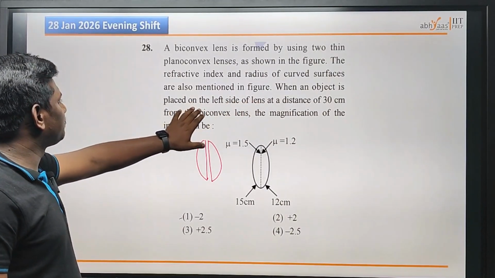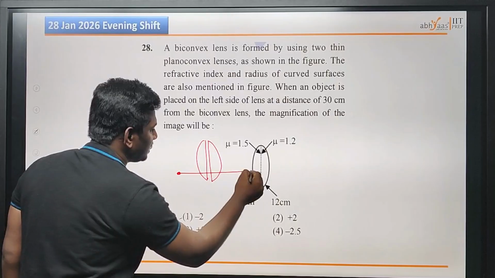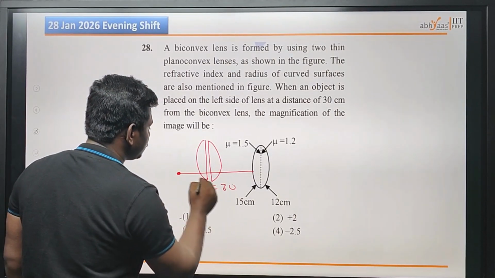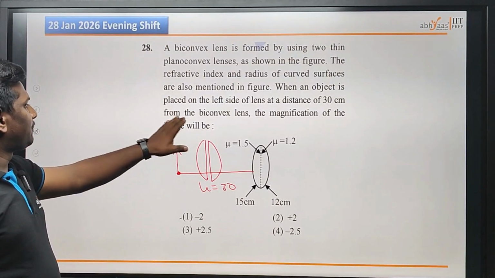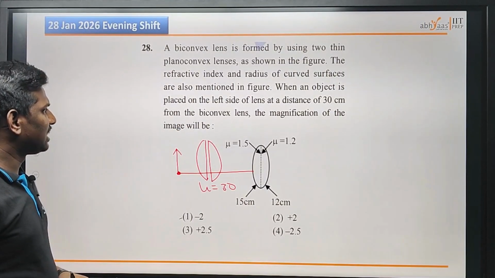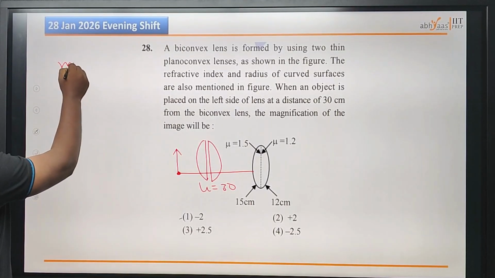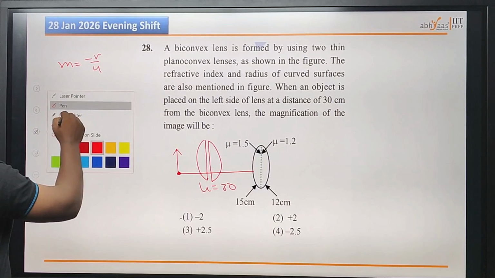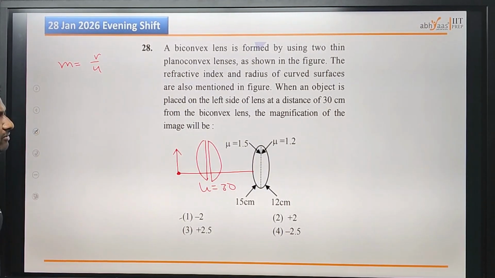When the object is placed on the left side of the lens at u equal to 30 centimeters from the biconvex lens, the magnification of the image will be, we know, minus v by u. What do you have to find? You have to find v.